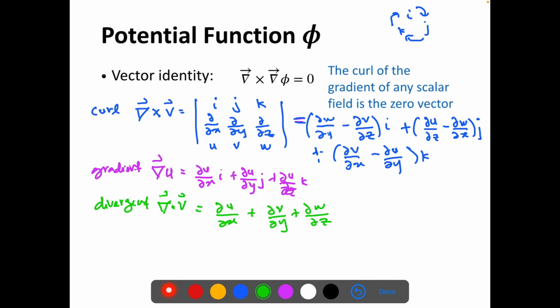One more, which is basically the Laplacian.